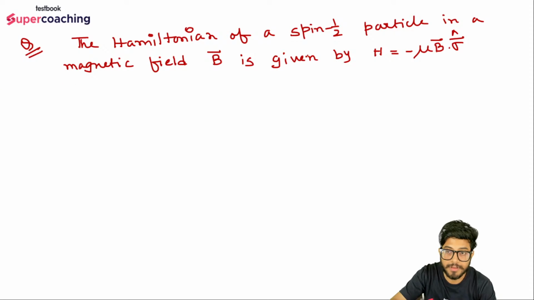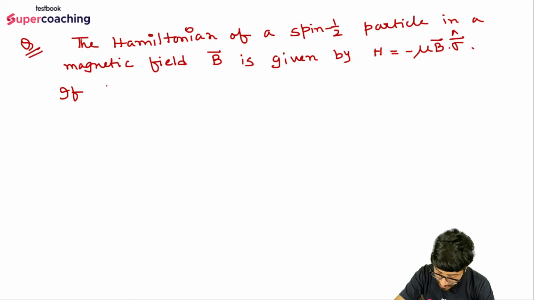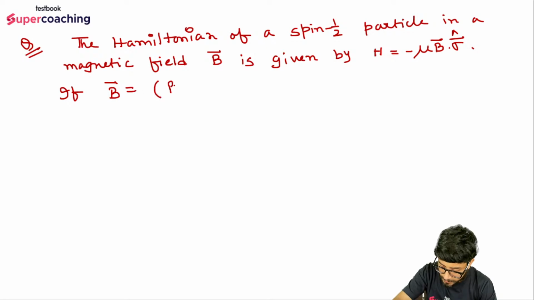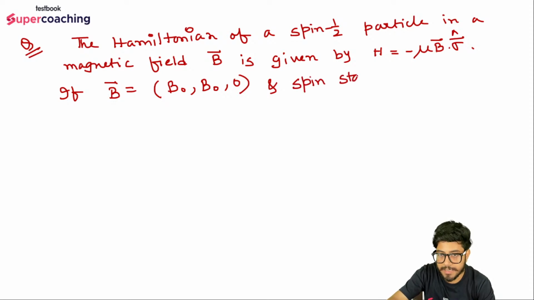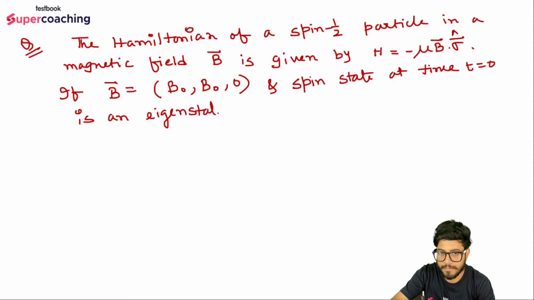Now, mu is the real constant. If B is equal to B naught, B naught, 0, and the spin state at time t equal to 0 is an eigenstate of sigma x.